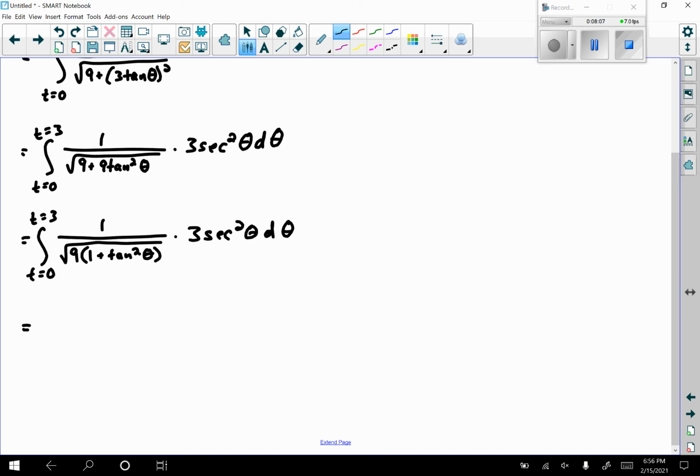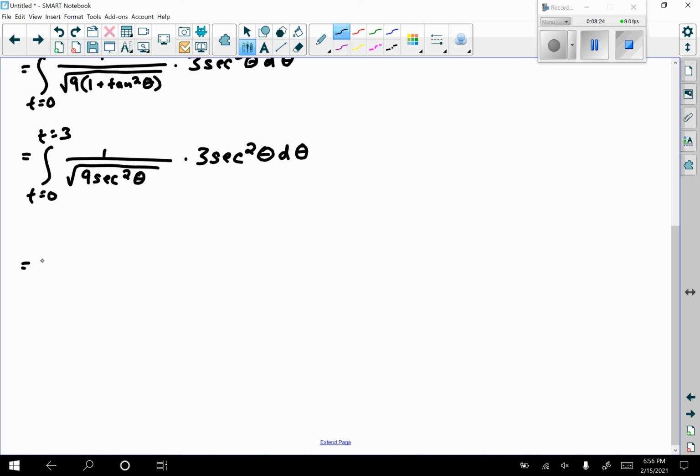Secant squared theta. And by doing this, now we can go ahead and actually take that square root. So we'll simplify this next. So this just becomes 1 over 3 secant theta.